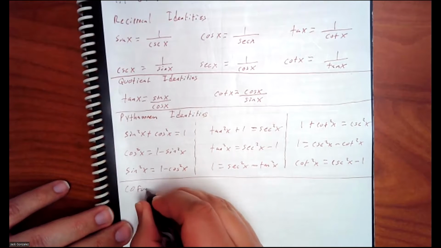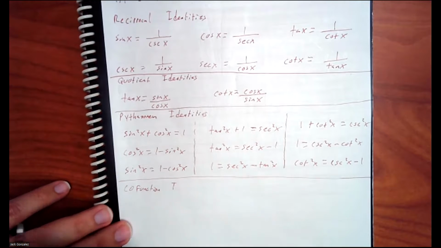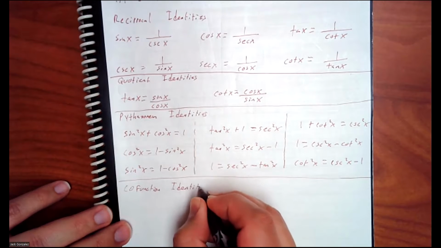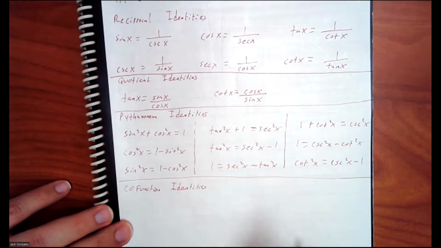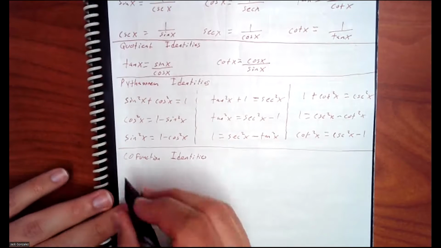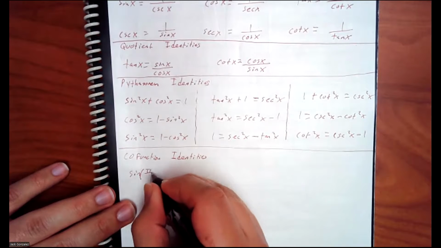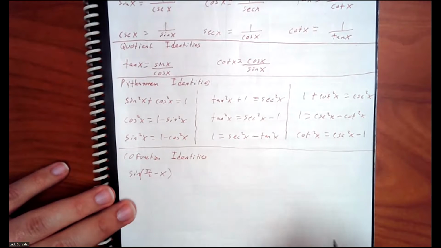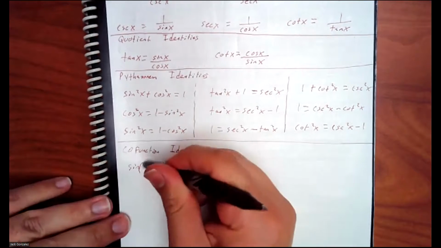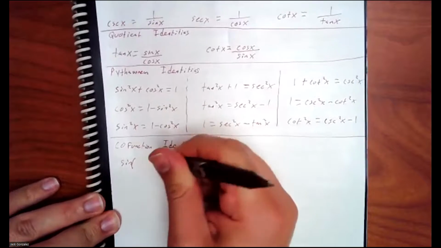Cofunction identities. So cofunction basically says if you shift it, it'll become the other function. So sine and cosine are cofunctions of each other.